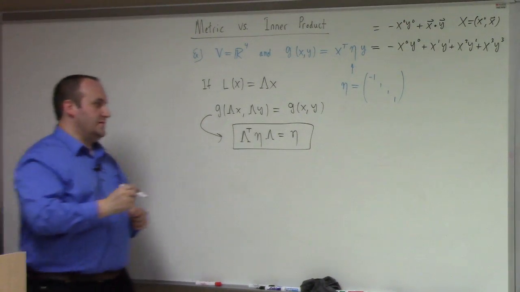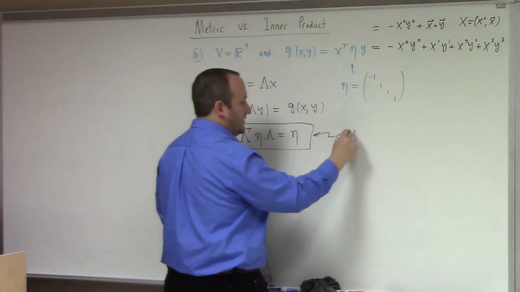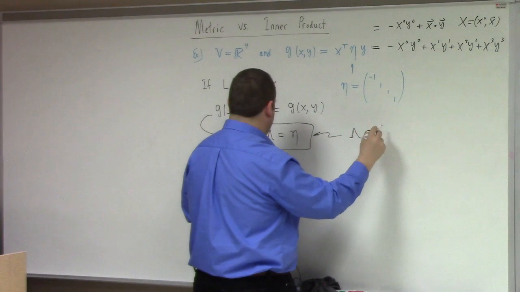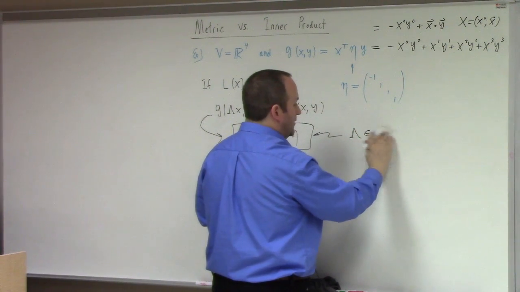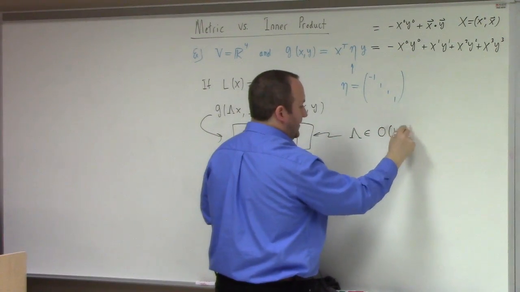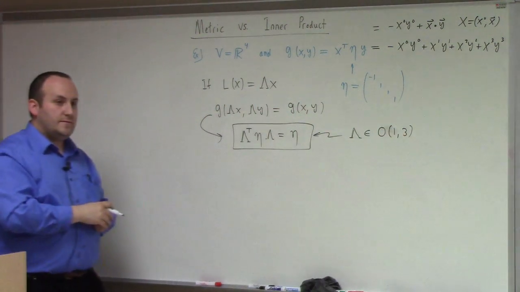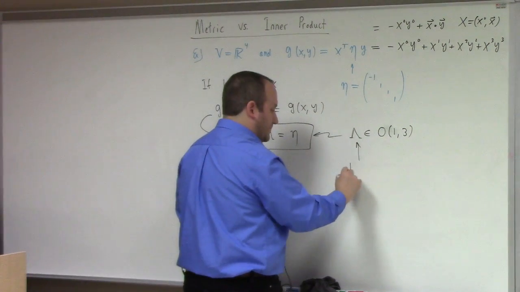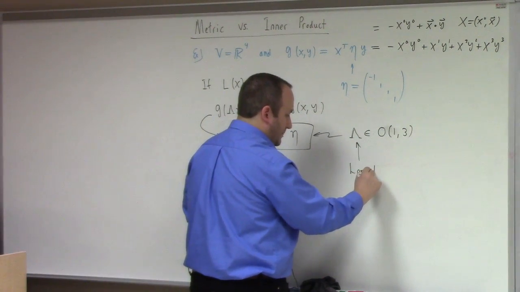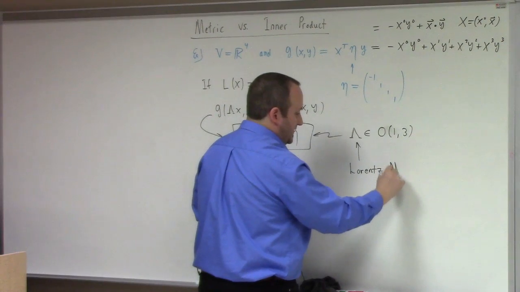So a matrix satisfying this is the defining condition for what are called the special orthogonal matrices. Notation something like this, O(1,3), typical notation. This lambda is what's called a Lorentz transformation, or well, a Lorentz matrix.